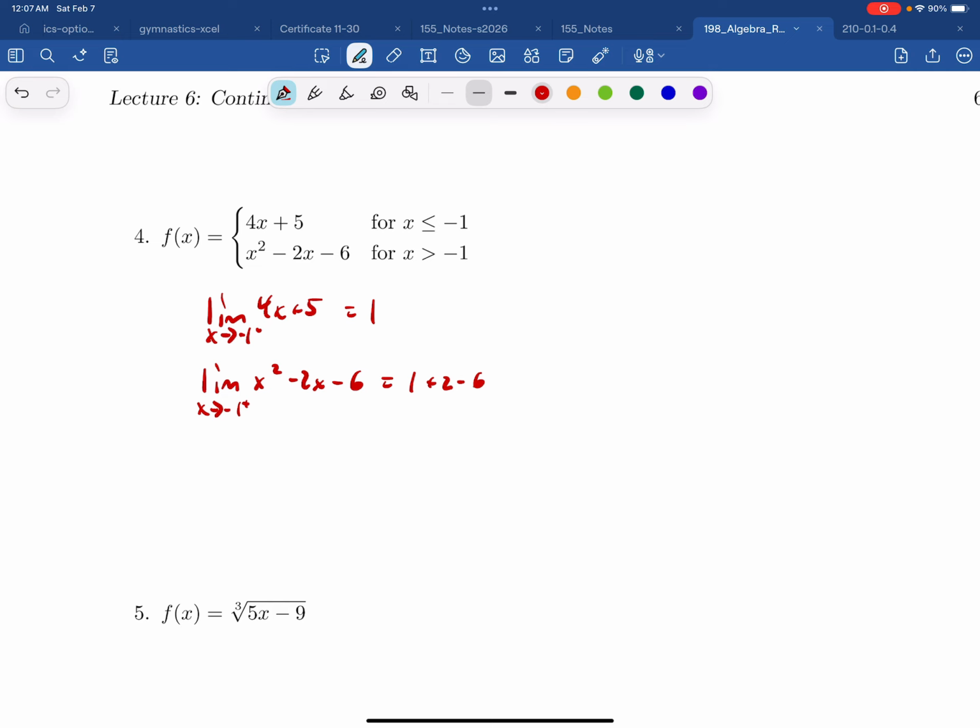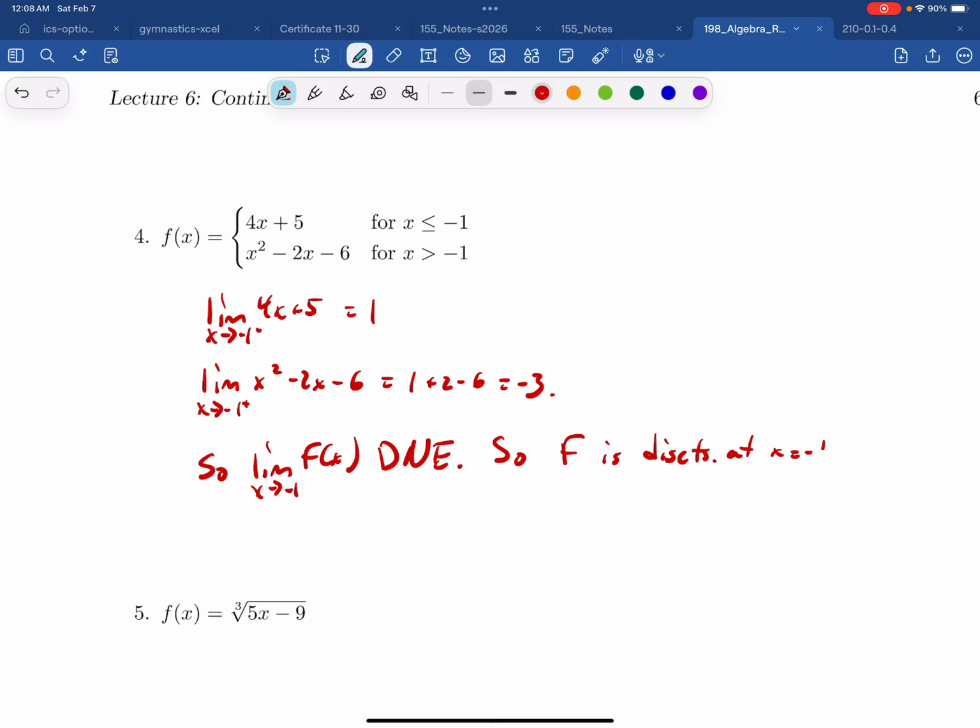And that's definitely not going to equal 1. That's going to equal negative 3. So the double-sided limit as x approaches negative 1 of f of x does not exist. So f is discontinuous at x equals negative 1.